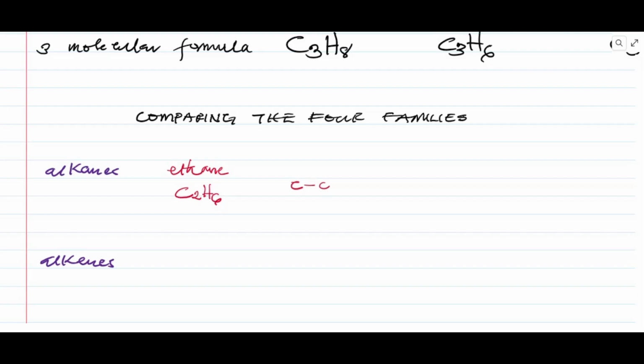And what about the displayed formula for ethane? Remember, we are showing all the bonds. So this is the displayed formula for ethane. And what do we say about it? The number one thing we can say about alkanes is that they contain only carbon and hydrogen atoms, so they are hydrocarbons.